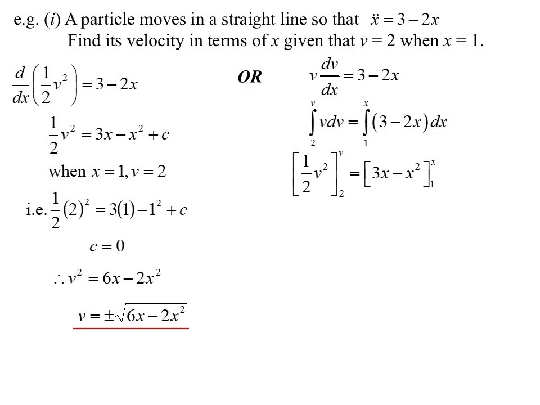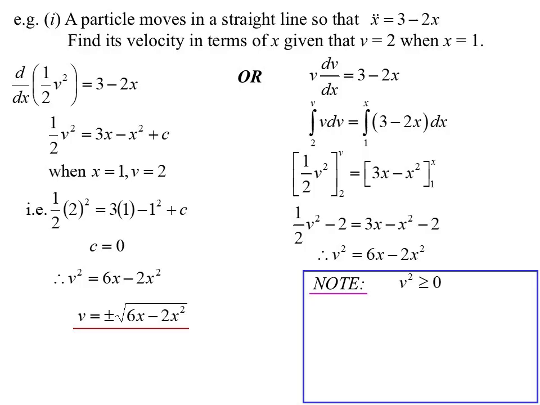Well, on the left hand side I'm going to integrate the v, and there's the half v squared. So I get it anyway by doing it this way. But again, I don't have to worry about the constant doing it this way. On the right hand side I've got 3x minus x squared. Okay, let's sub in our values and you can see we end up with the same expression. v squared is 6x minus 2x squared.